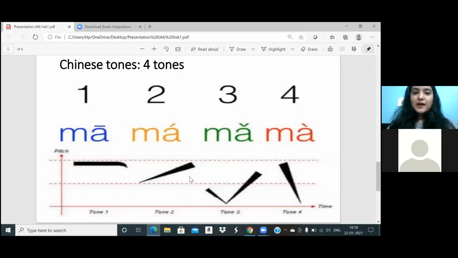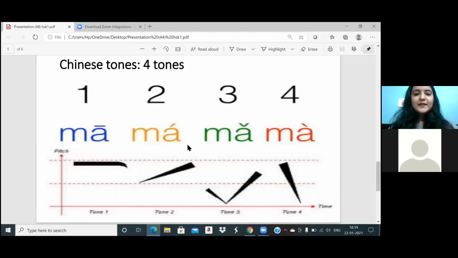So ma in the third tone will be pronounced as ma, ma. It falls and then it rises. And the fourth tone is the falling tone. In the fourth tone, ma is pronounced as ma, ma.